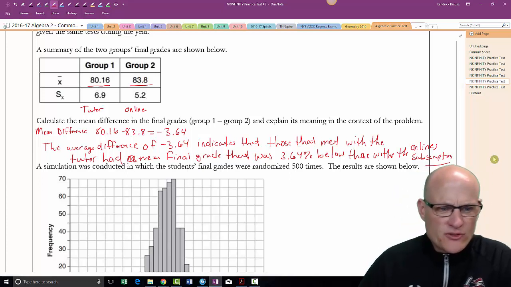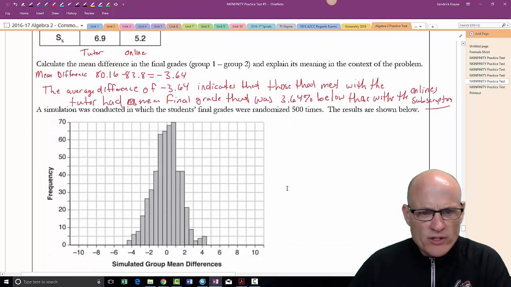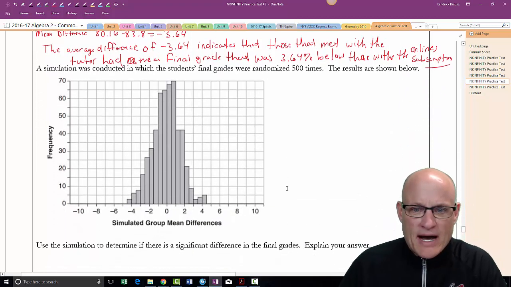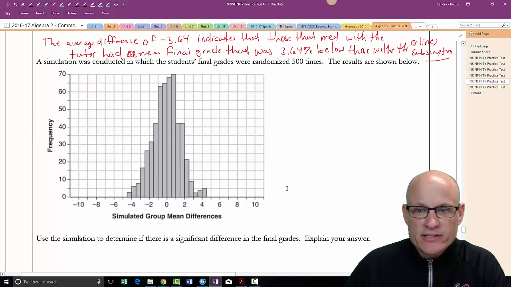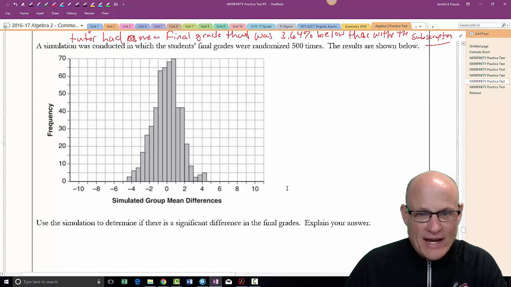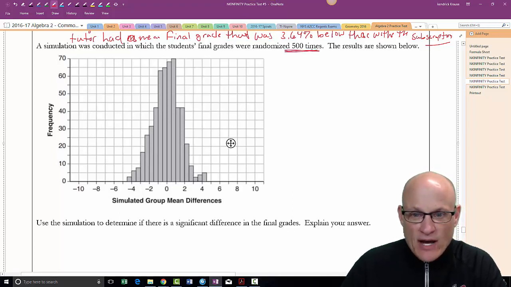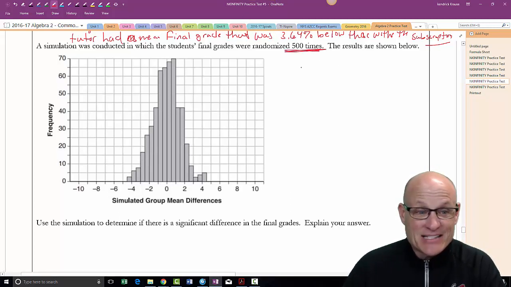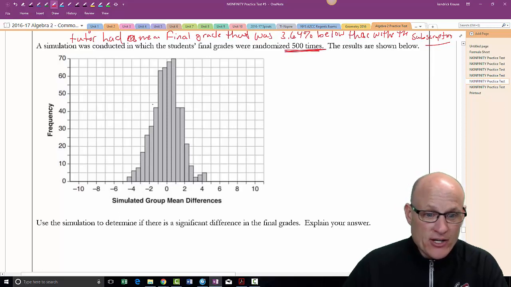All right. So a simulation was conducted in which the students' grades were randomized 500 times. The results are shown below. 500 times is a lot of times. And notice that it looks like we have a mean average of 0.